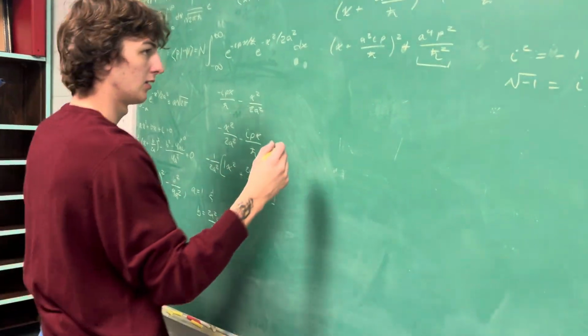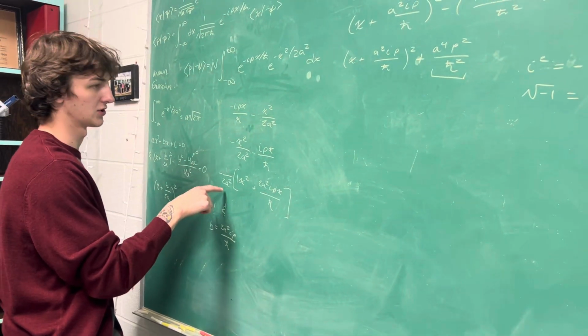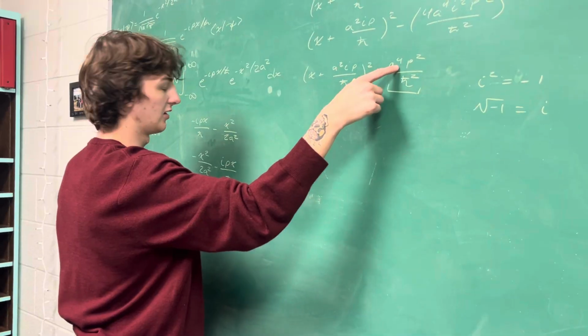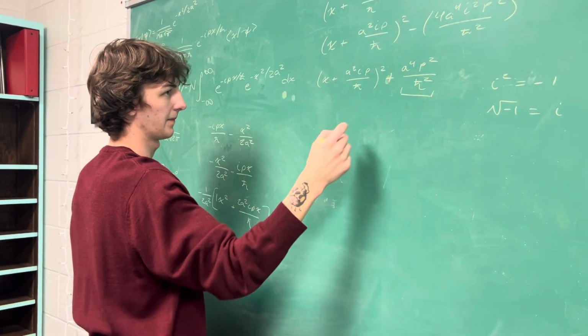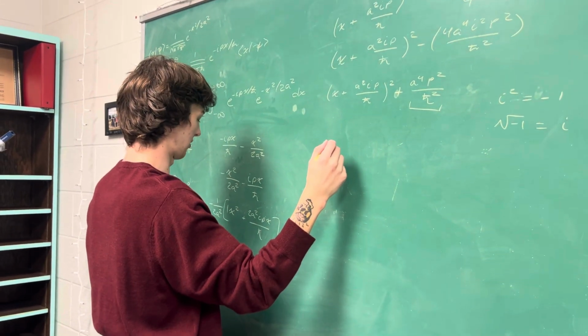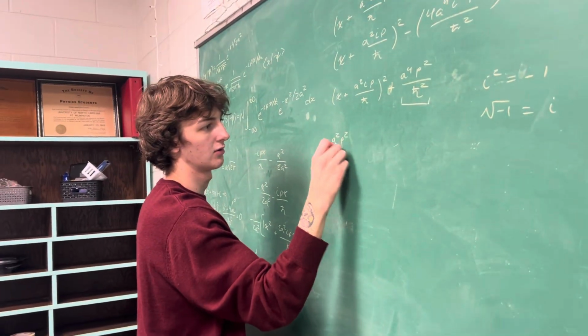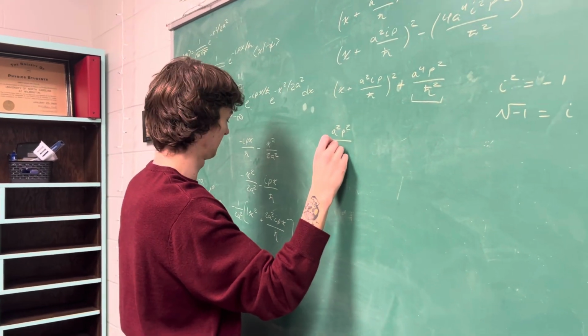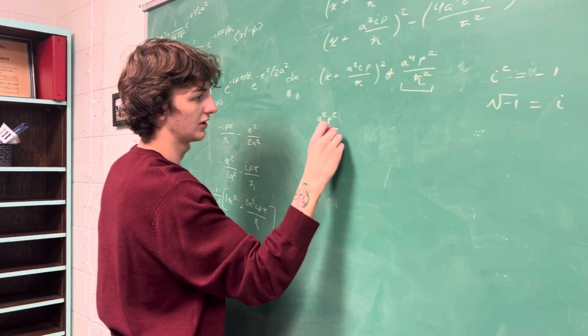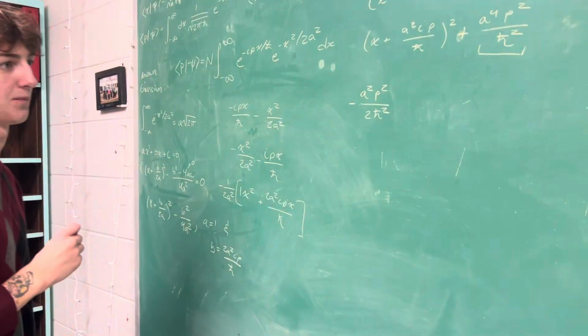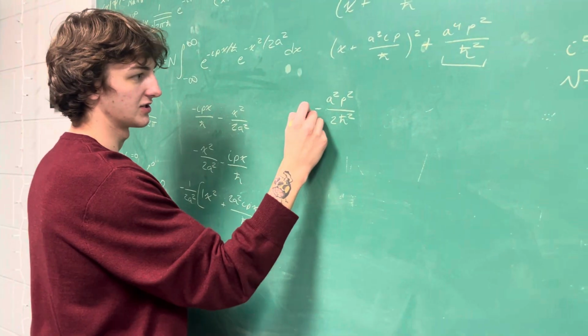And so if we multiply the -1 over 2a squared back in, a to the 4th will cancel with the a squared, and we're going to be left with a squared p squared over 2 h bar squared, and that whole thing is going to be negative. And that's raised to the e.